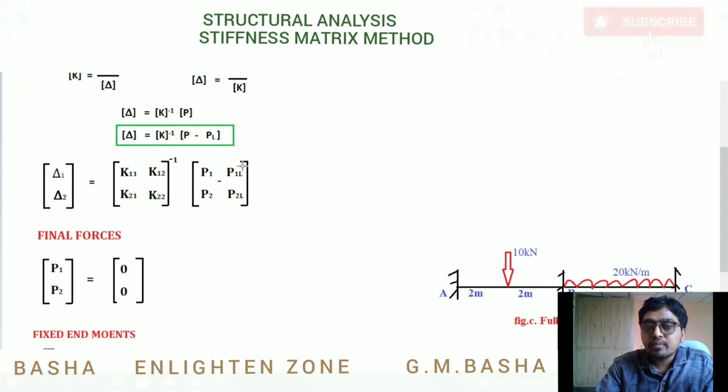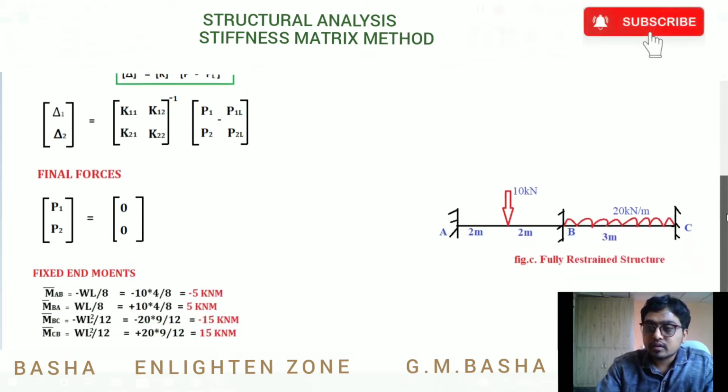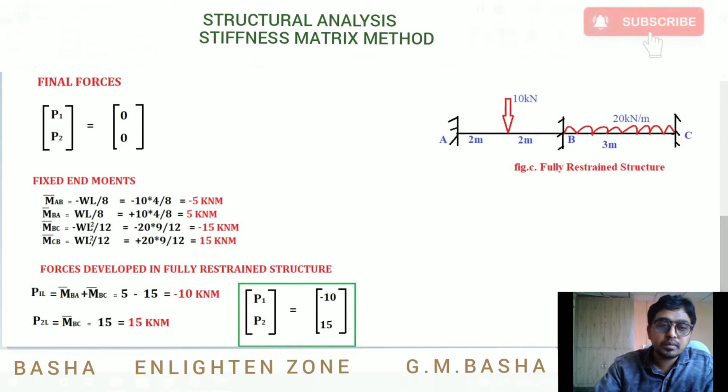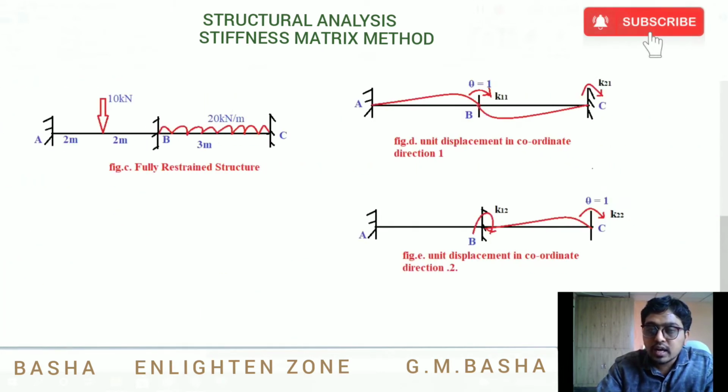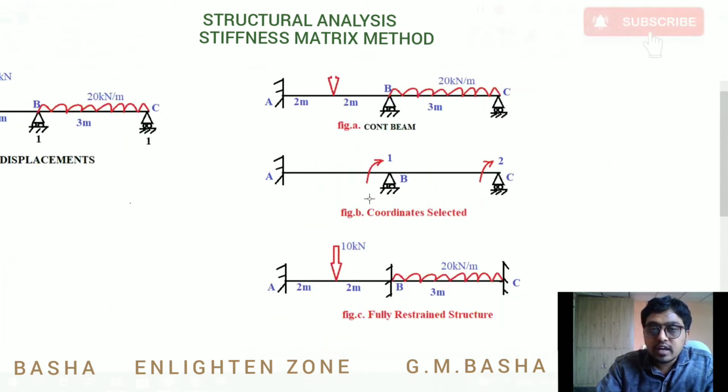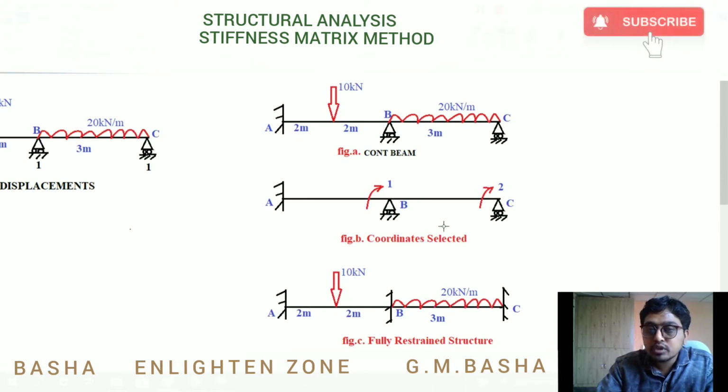Based on that, we are going to find this P1L, the forces developed in the fully restrained structure. See here, we are selecting this as our first coordinate position and this as our second coordinate position, as I already showed you in the last diagram.